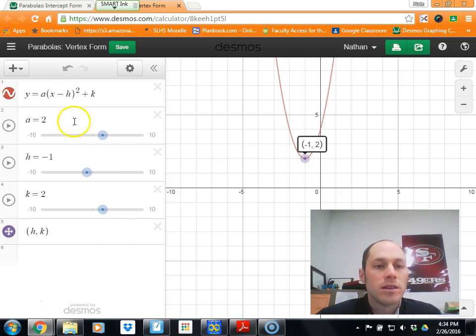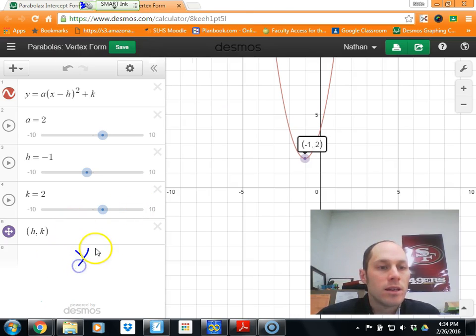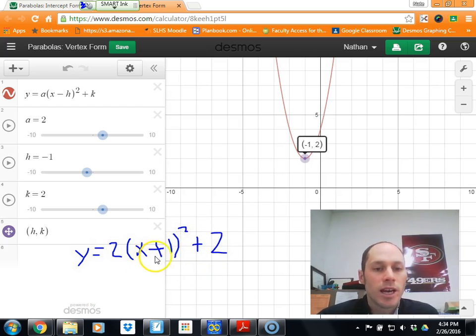In this case, our function is y equals 2 times the quantity x minus, well, h is negative 1, so it's actually x plus 1 squared plus 2. I see x minus a negative 1, and this is plus 2.